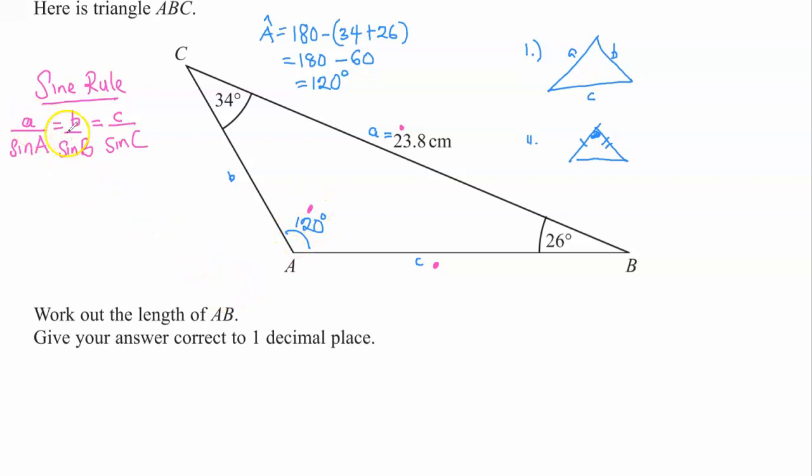So we can just tick this. So I've got my lowercase c, which is the unknown side. Now I have lowercase a.